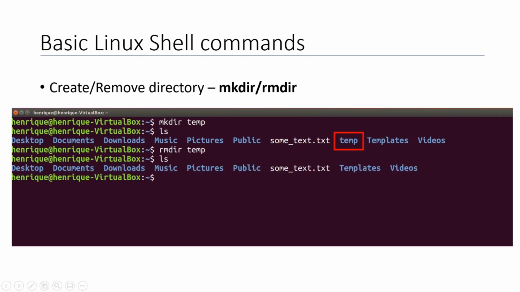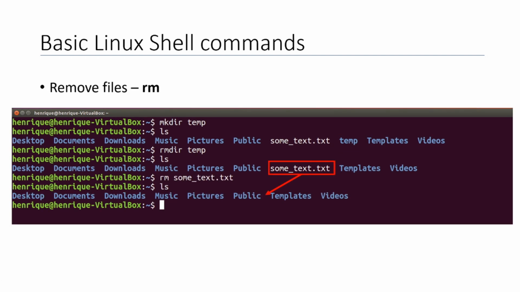You just write rmdir, the same name again, and it will remove the directory. Also, to remove files, you can just write rm. So here, for example, we have a file called sometext.txt. You can just write rm, the name of the file, and then that file will be removed.